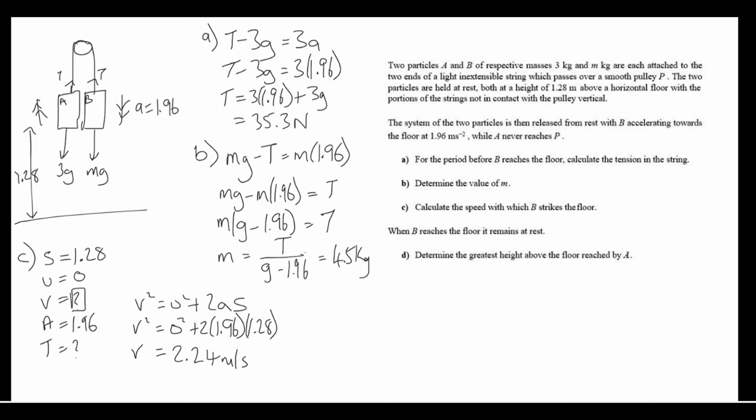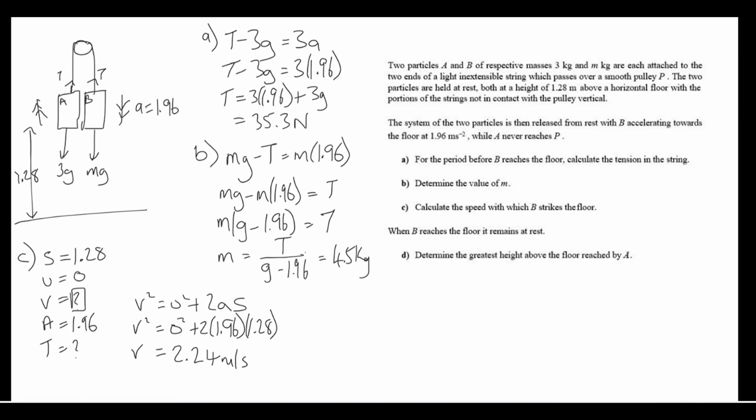The next part of the question tells us that when B reaches the floor, it remains at rest. We're asked to determine the greatest height above the floor reached by A. Okay, so A is on the move. It started 1.28 meters above the ground. It traveled another 1.28 meters.